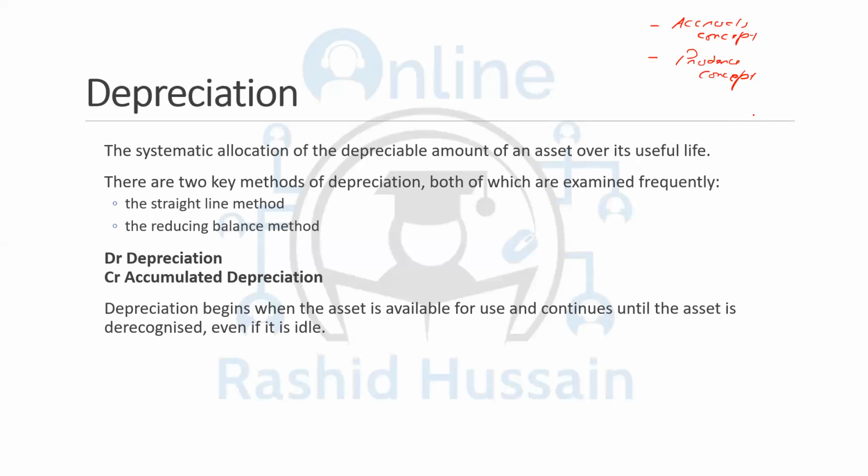Full loss is immediately recognized, because loss can never be unrealized, it is always realized. So the accruals concept says that income and expenses should be recorded in the period to which they relate. The prudence concept says that assets should not be overstated and liabilities should not be understated.